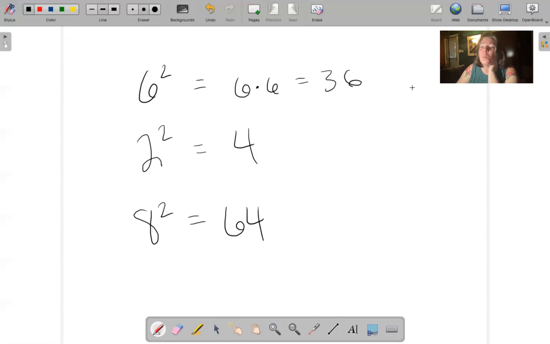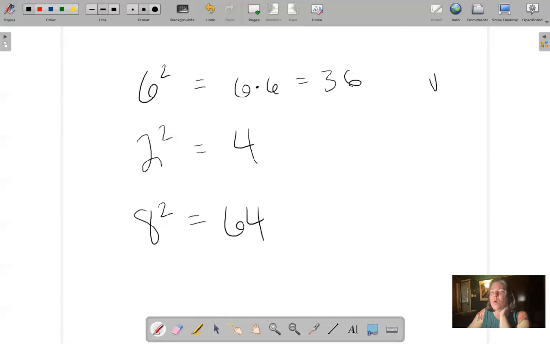Now, what is the square root of 36? That means what times what? What two identical numbers multiplied times each other make 36? 6. What is the square root of 4?